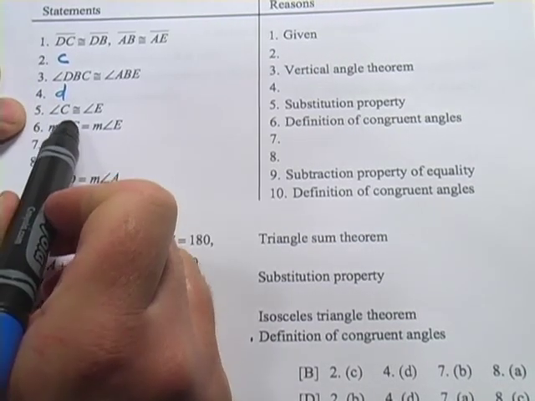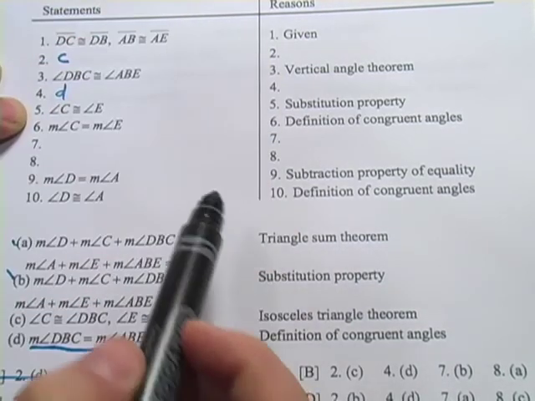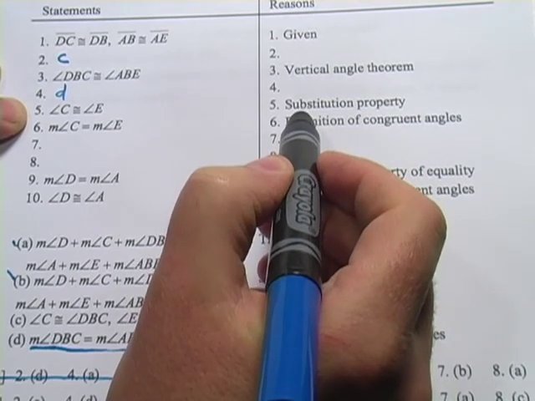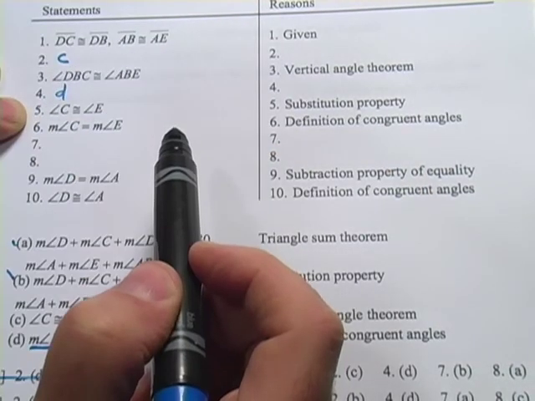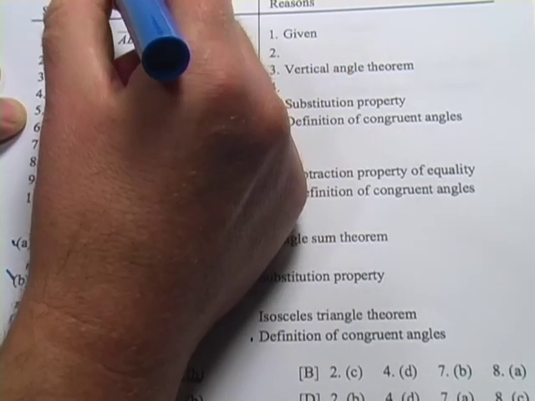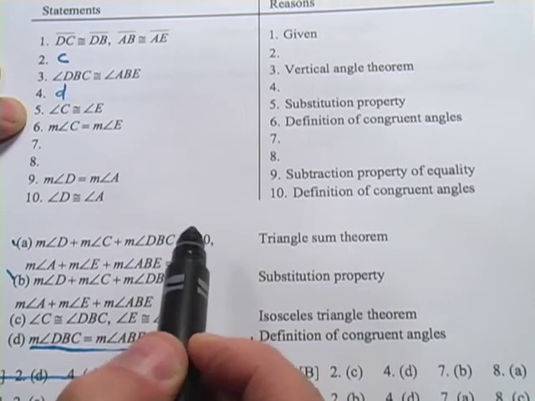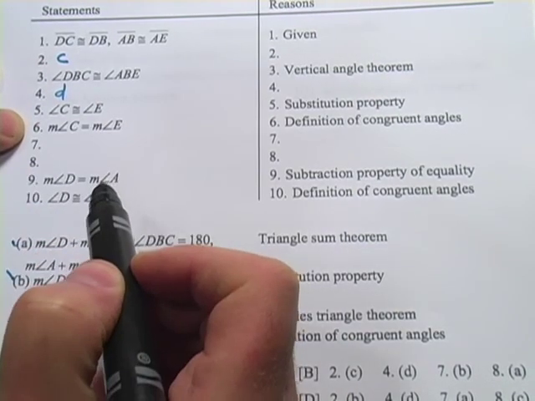Then the next step says angle C is congruent to angle E, and that's by the substitution property. And I think that makes sense because they're both base angles in this pair of isosceles triangles. So if one base angle is the same, then the other base angle has to be the same. And their measures have to be the same.